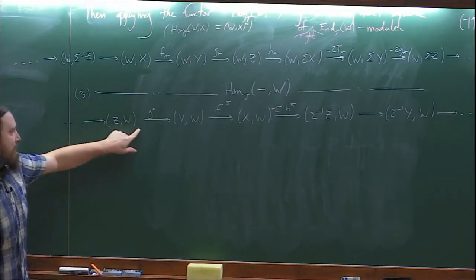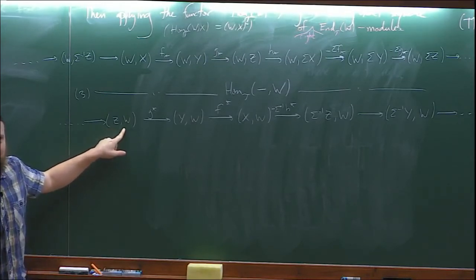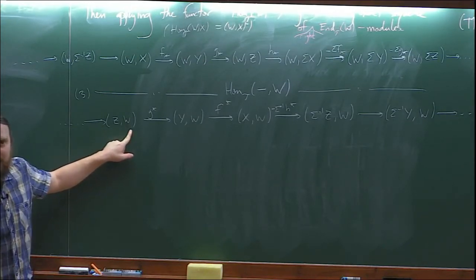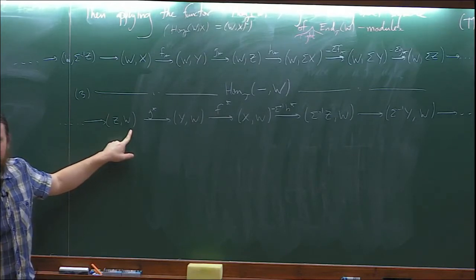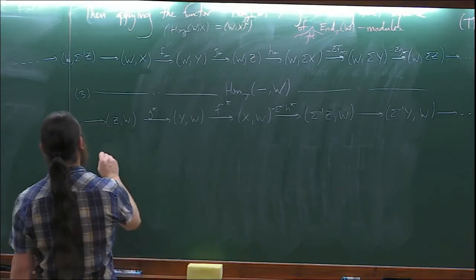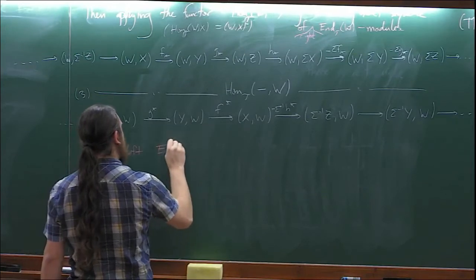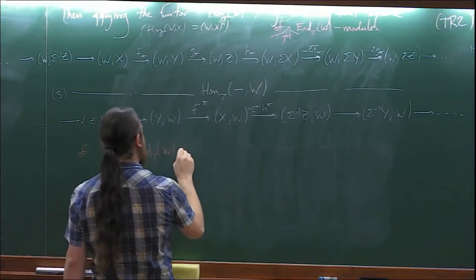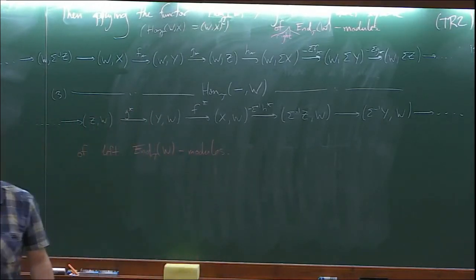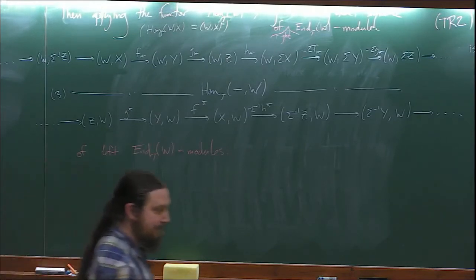If you look at the morphism from Z to W, if you post-compose with an endomorphism of W, you still get a morphism from Z to W. So this is a left module over the endomorphism algebra of W. So again, here, this is a sequence of left modules over the endomorphism ring of W. All right.